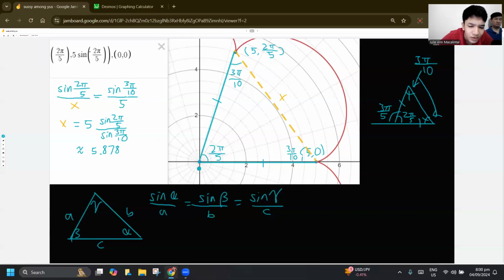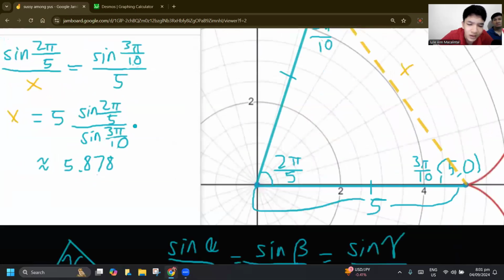So we have the sine of 2 pi over 5, this angle, over its opposite side, x. That's equal to the sine of either of these other angles over either side, which we know is 5 units because the circle just changed direction, so it must be on the circumference of the radius 5 larger circle. So that's 5, and this is also 5. So we can conclude that x itself is equal to this.